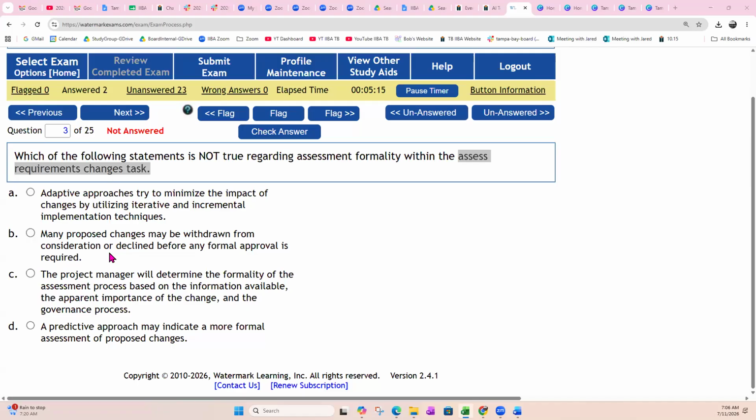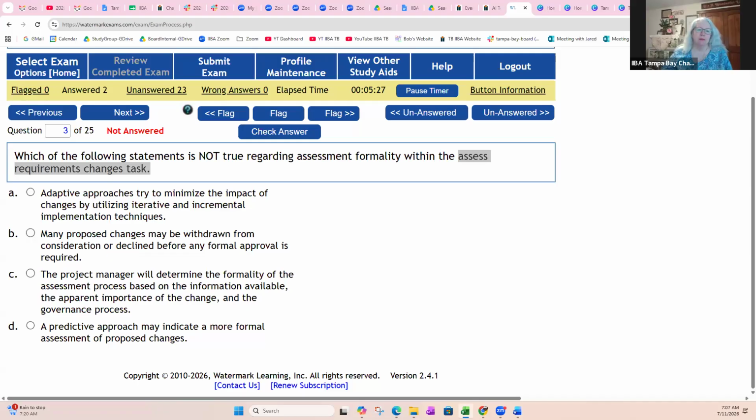Maybe withdraw or decline. Ah, tricky. We covered the remaining two here, and I don't know. I think that's a little fuzzy.